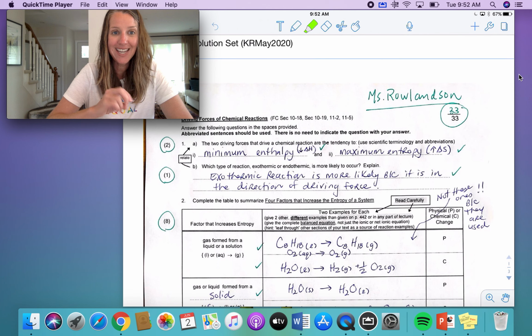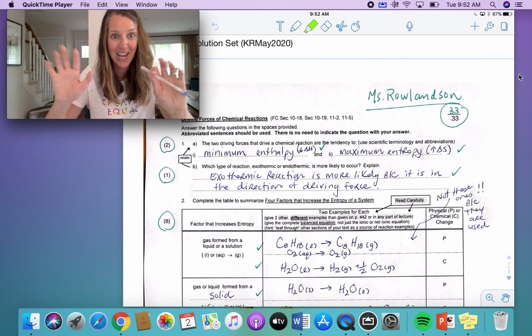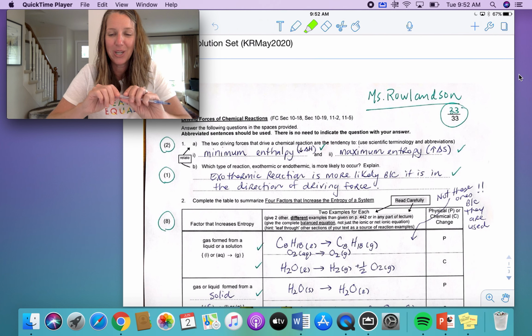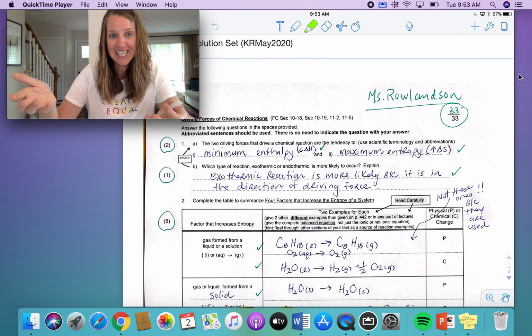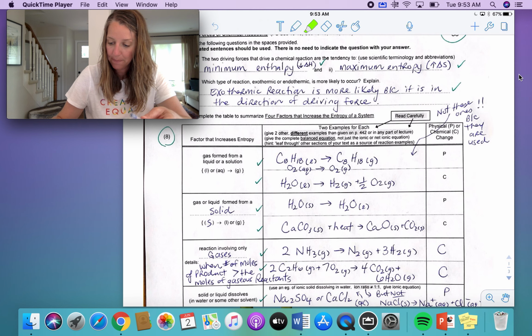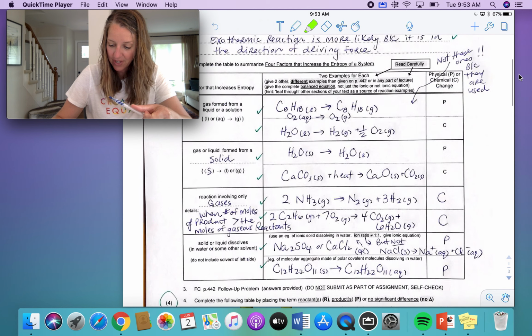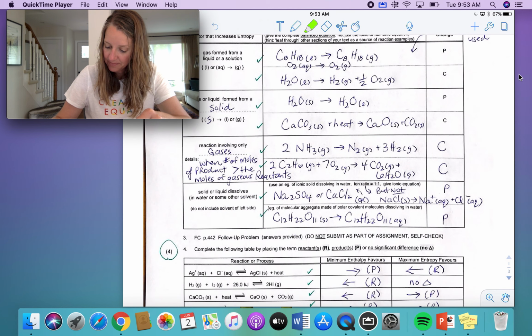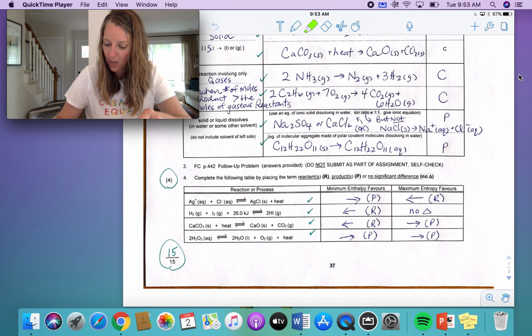Minimum enthalpy means that the exothermic direction is always favored. Maximum entropy means that whatever side of the equation has the most disorder, the most randomness, is the one that's going to be favored. So you just look at the states to see which side has more disorder, and then you look at what's the push between both of these.